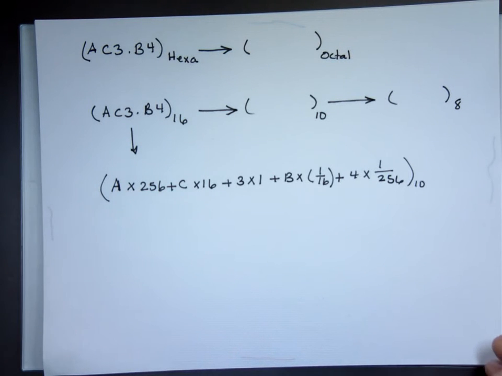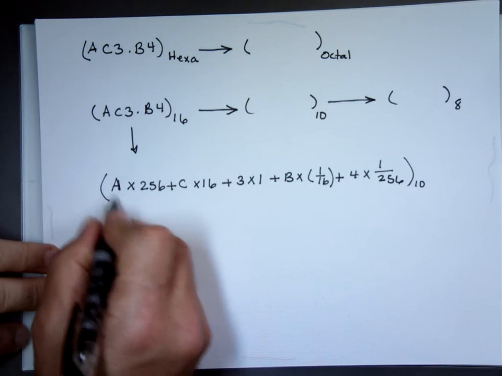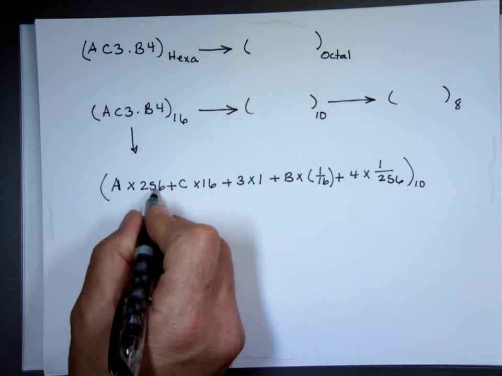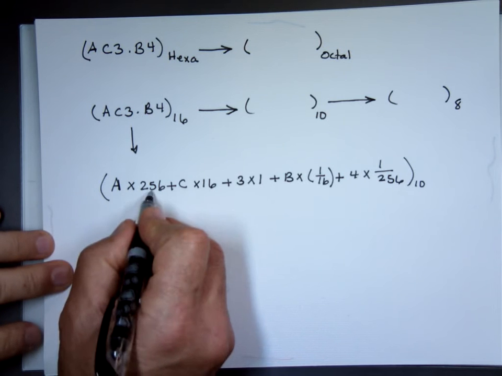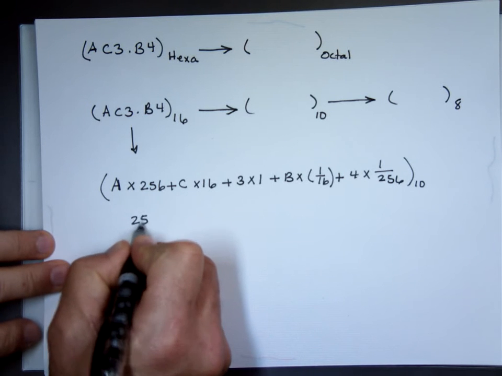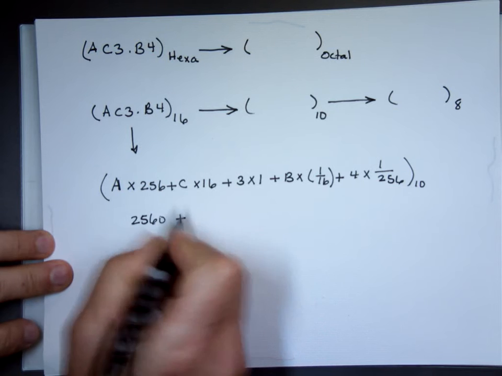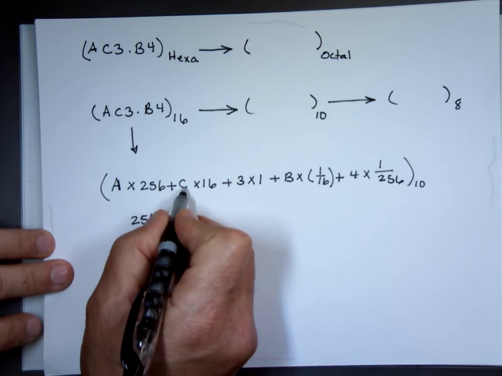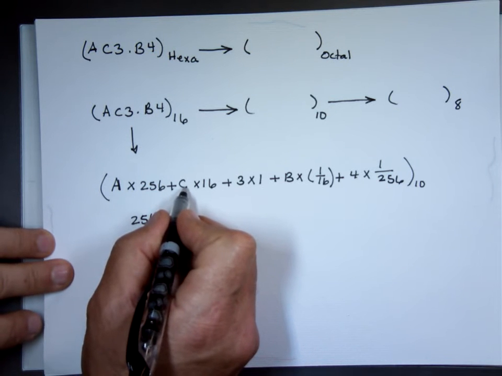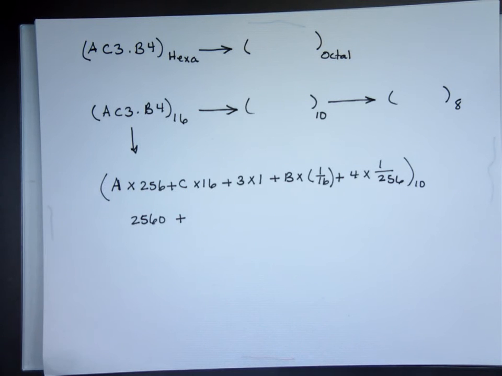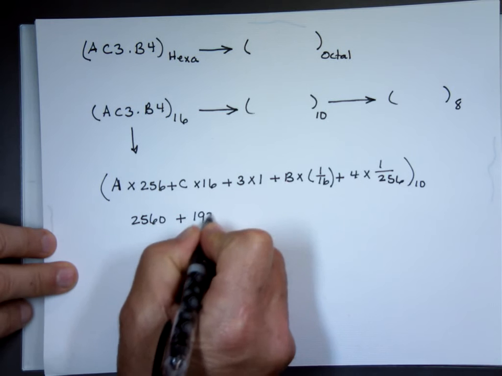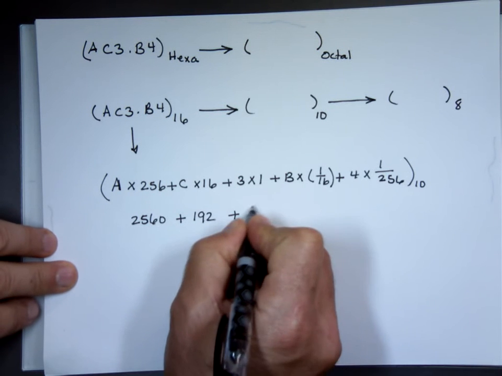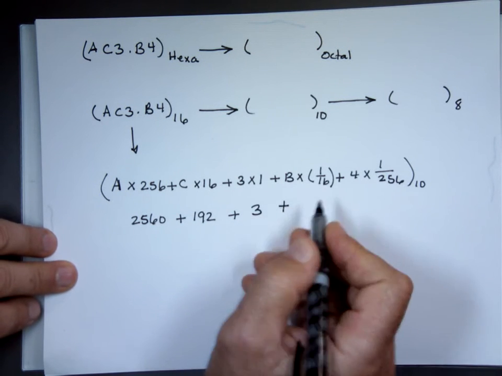And if you remember, A means what? Isn't that a 10? 10 times 256. What's 10 times 256? 2560. Good. C is what? 12? Remember, A is 10, B is 11, C is 12. 12 times 16, 192. 3 times 1, 3.